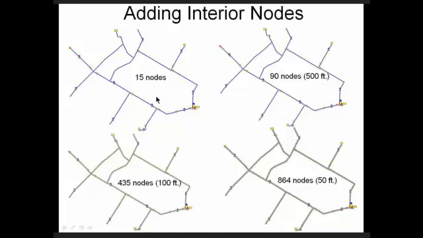I went through another exercise here. With the wave method, you can put in as many nodes as you want, whereas with the method of characteristics, you must put in interior nodes. So I went through a problem like this where there were only 15 nodes in the system, but we added interior nodes up to one every 50 feet.